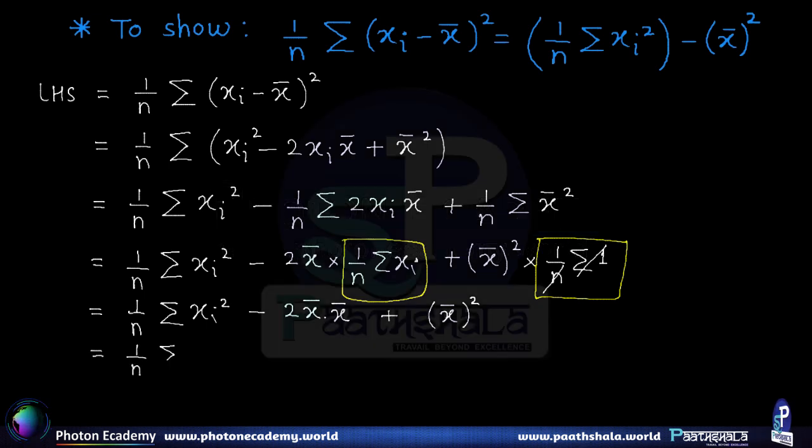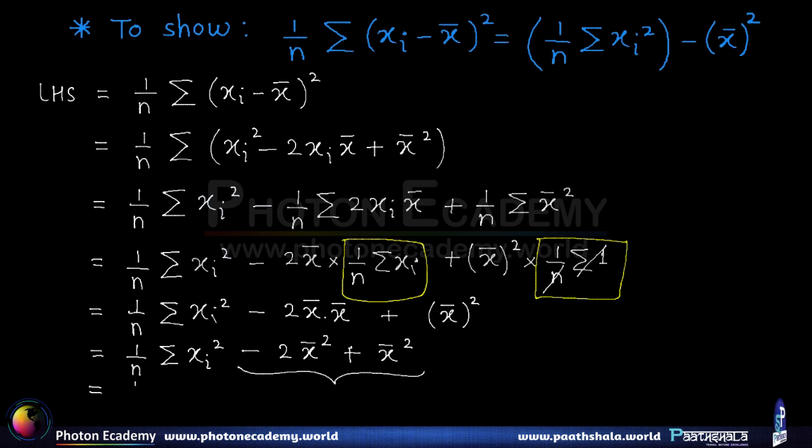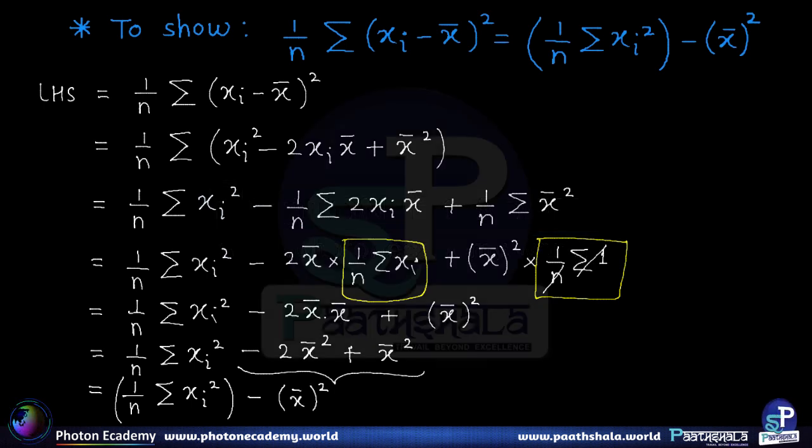Therefore we have 1 upon n summation of xi square, minus 2 times x bar square, plus x bar square. We merge the last two terms because they are like terms, and hence at the end we get 1 upon n summation of xi square, this term is separate, minus x bar the whole square, and that is nothing but the RHS. So we have proven the required relation.